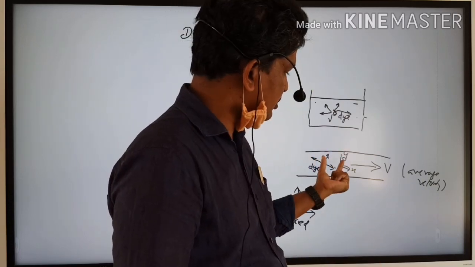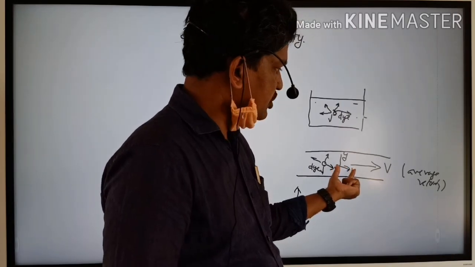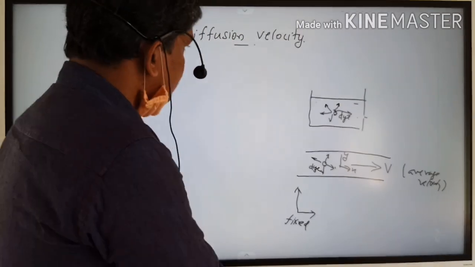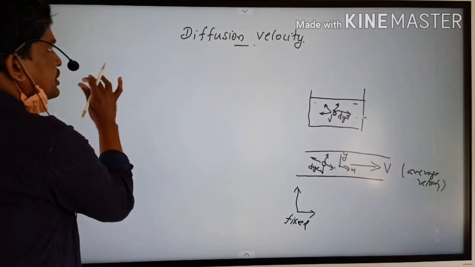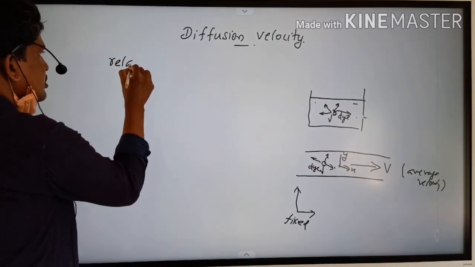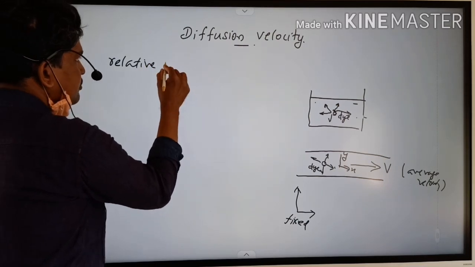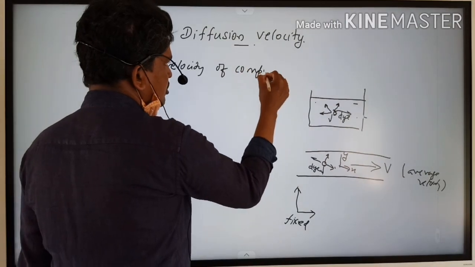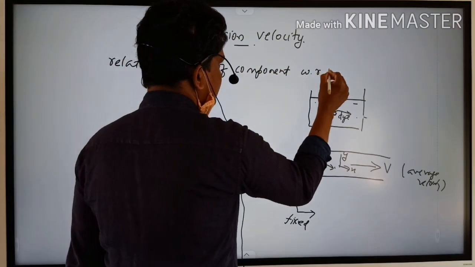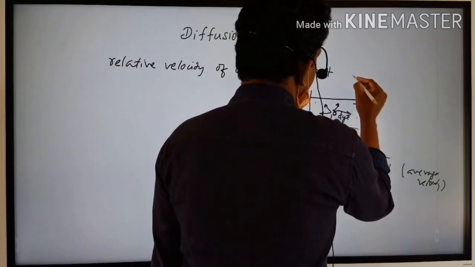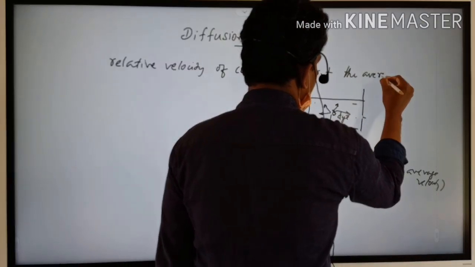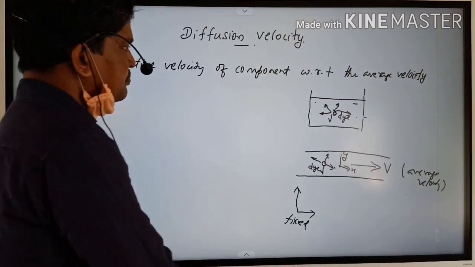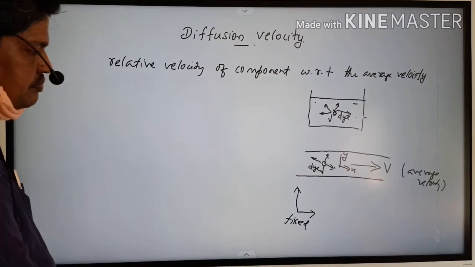If the velocity is expressed based on this moving coordinate, it's known as the diffusion velocity. It's a relative velocity of the component with respect to the average velocity.